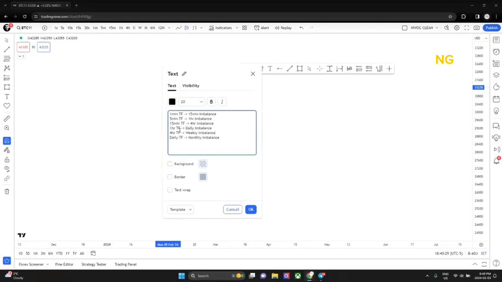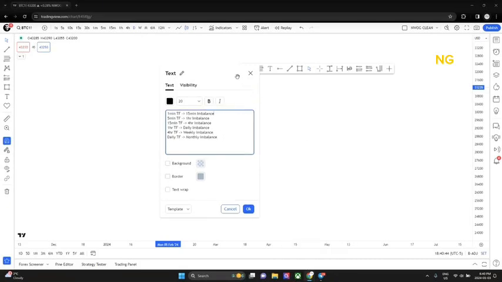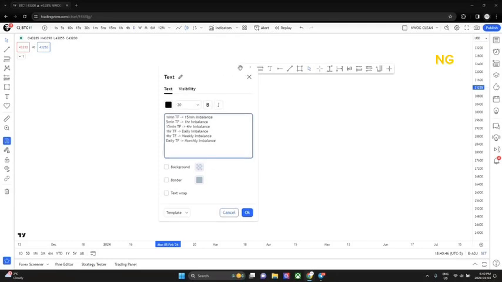Then 4 hour high or low, weekly imbalance, daily time frame high or low, monthly imbalance. Hopefully you guys got this. This will be very important to your development.